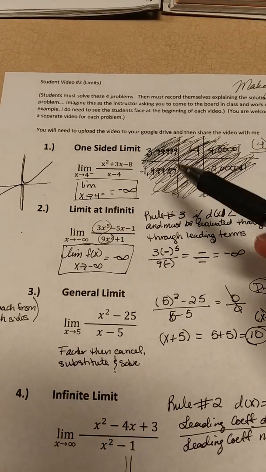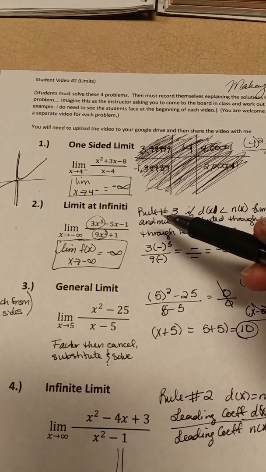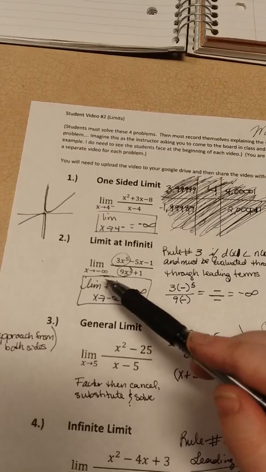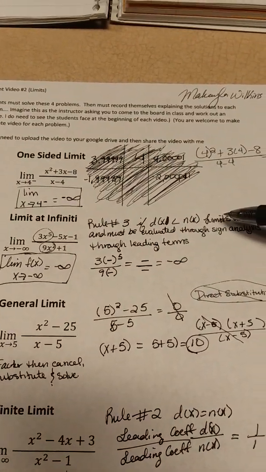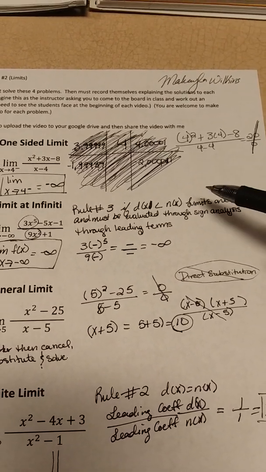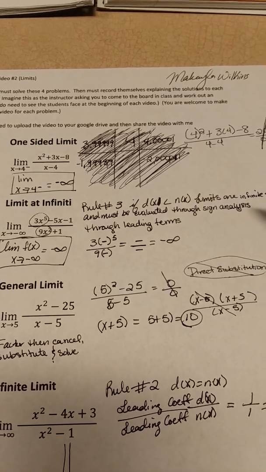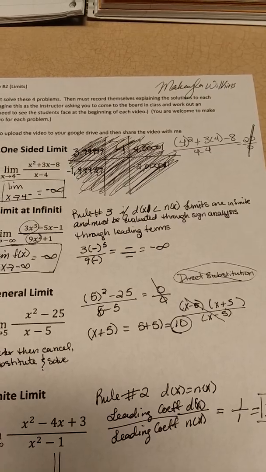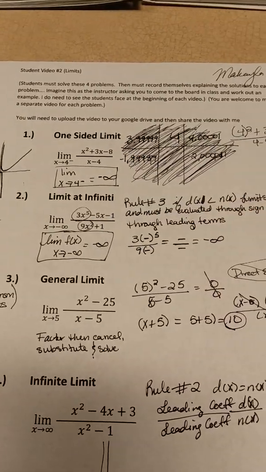Looking at number 2, the limit of 3x to the 5th minus 5x minus 1 all over 9x squared plus 1 as x approaches negative infinity. To solve this, I used the rule we learned recently: if the degree of the denominator is smaller than the degree of the numerator, the limits are infinite and must be evaluated through sign analysis with the leading terms.